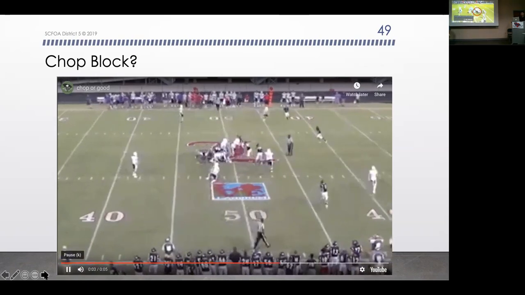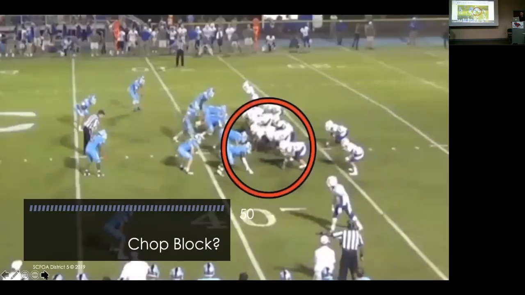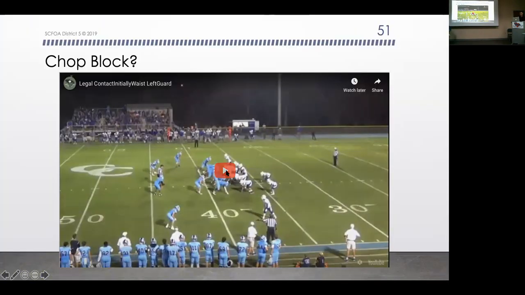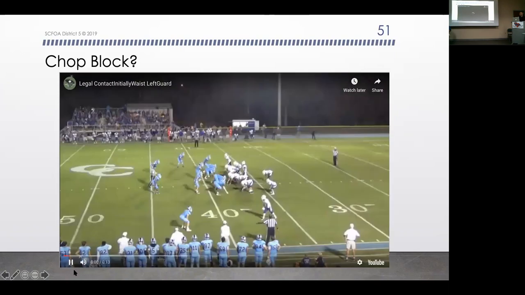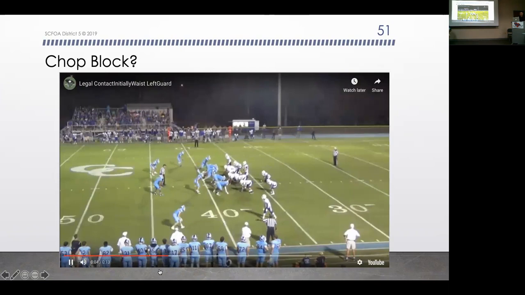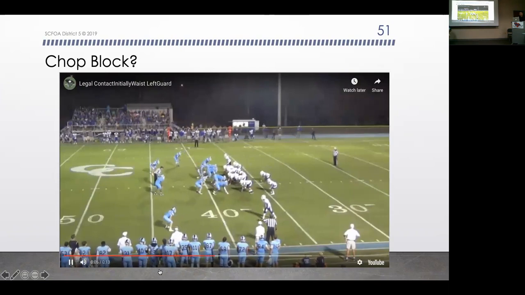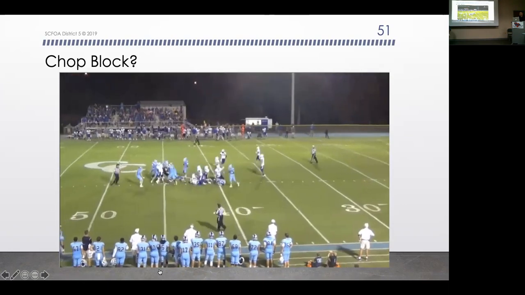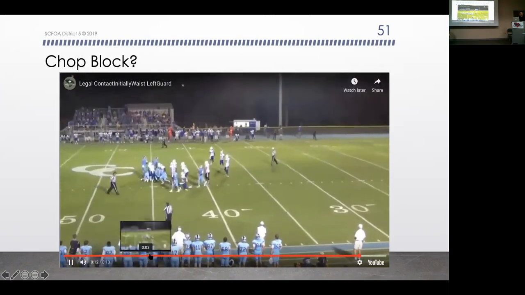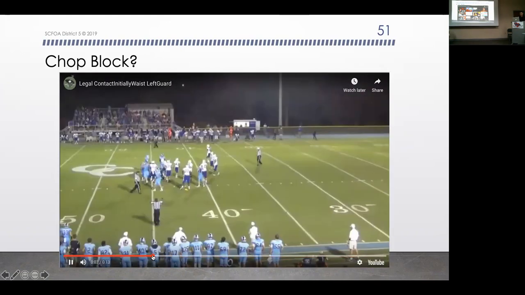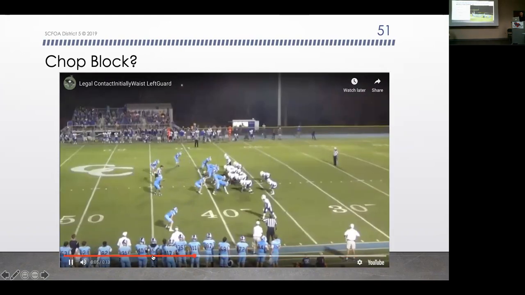All right, we're looking at the left guard, center area again. Here's another angle of this.